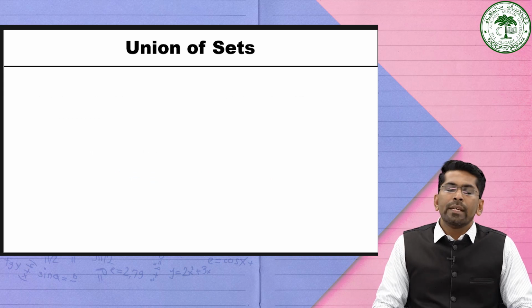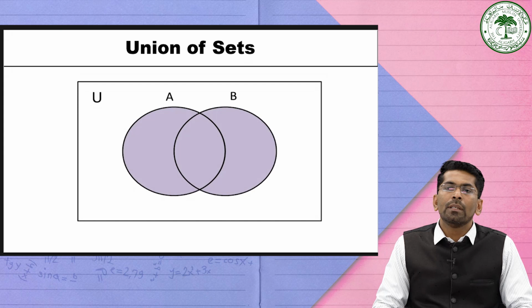See, we can represent the union of sets by using the Venn diagram. The union corresponds to the entire region covered by both circles representing set A and set B. Here this is set A and this is set B, and we have an overlapping region as well.